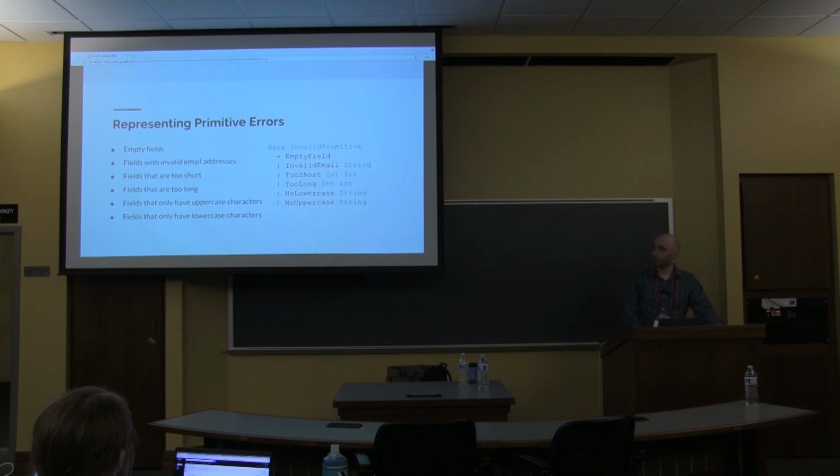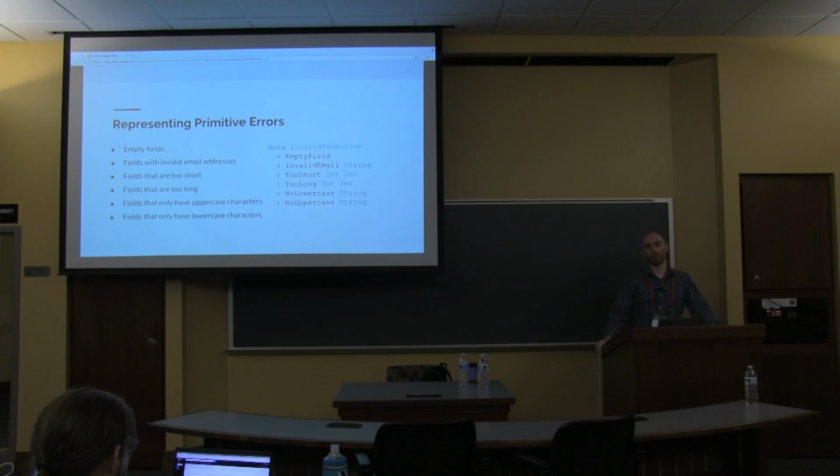In the instance of, say, invalid email, too short, everything but empty field, we're trying to give you some context on what exactly failed. So if we have an invalid primitive, it could be completely empty, nothing, in which case you don't have anything really to give back. You're just going to say there's nothing here. But if it's an invalid email address, you might want to return the string that is the not valid email address so you can respond with some kind of meaningful input to your user or something like that. Same thing with the other ones.